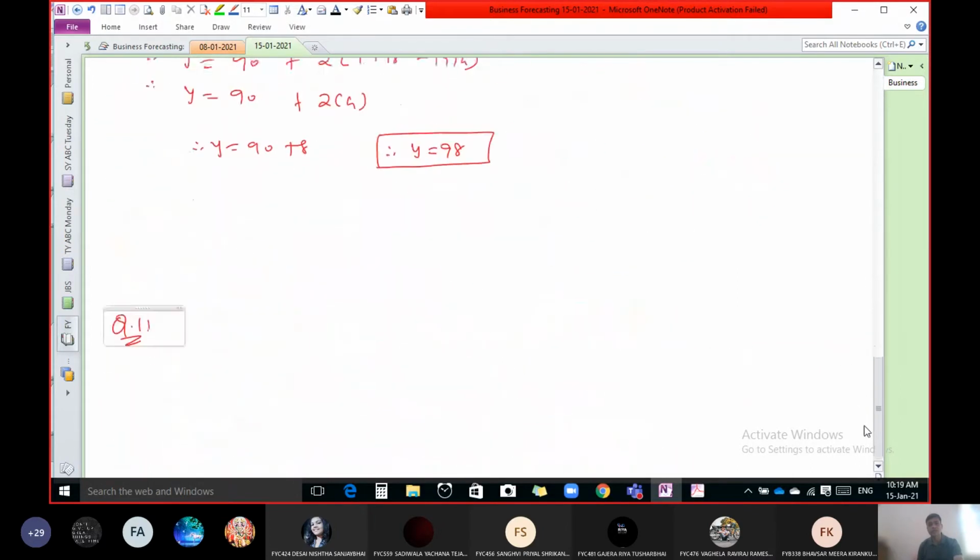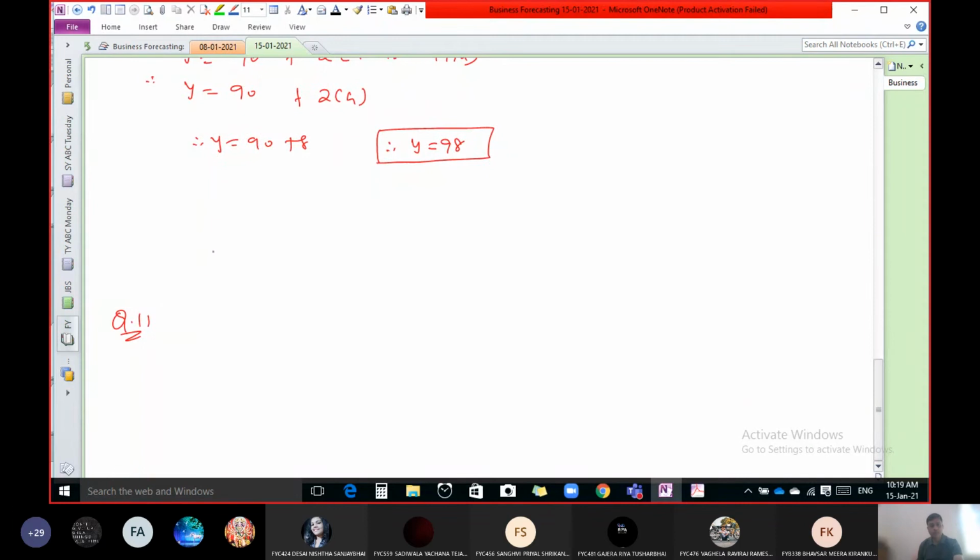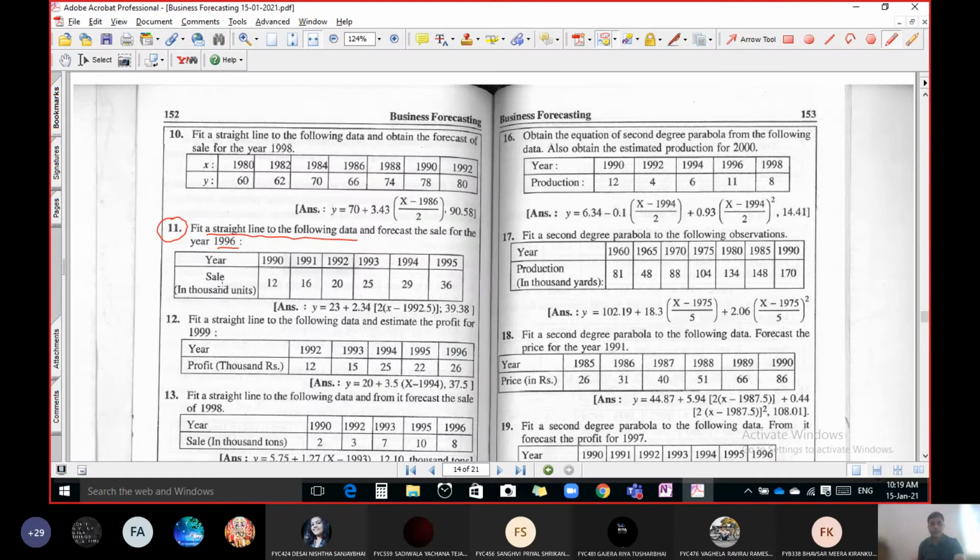Now let us start with the table only. Question number 11. Let us start with the table. Here what is given? Year and sales, that you can consider as Y. Sales is Y and year 1990 to 1995.